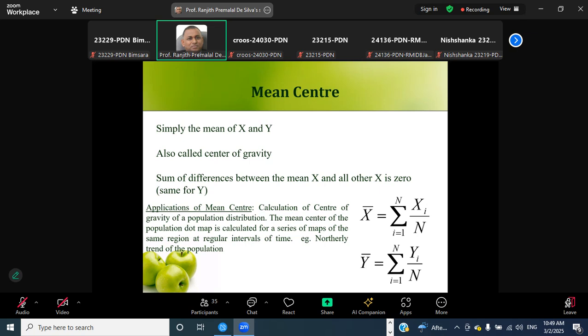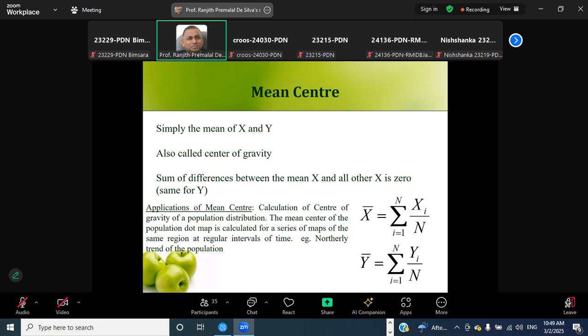Now where do you apply this mean center? The calculation of the center of gravity of a population distribution is given by the mean center. The mean center of the population dot map is calculated for a series of maps of the same region at regular intervals of time. Right? So for example, you look at the distribution of people on the map and calculate the average x and y.